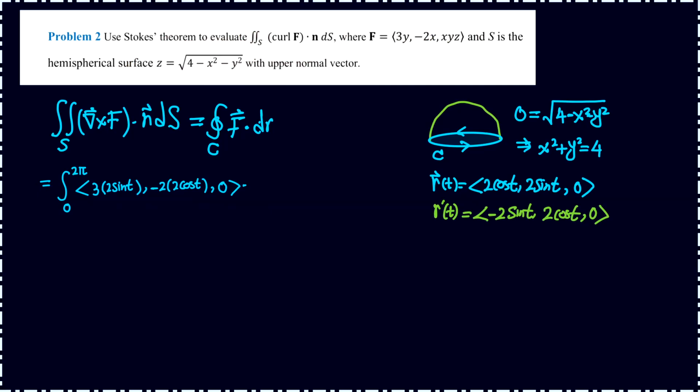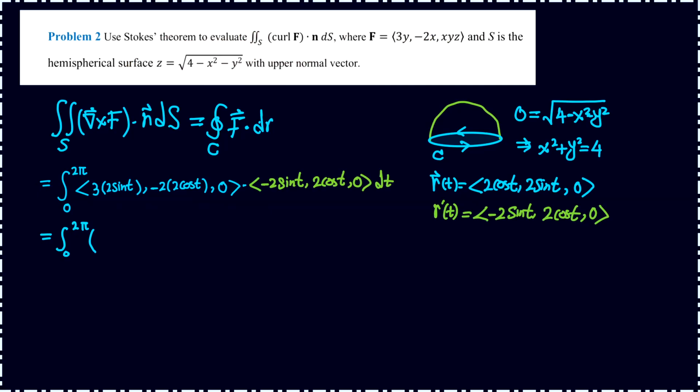Okay, so r prime here is negative 2 sine t, 2 cosine t, 0, dt. That's dr. Okay, so when you do the dot product, this becomes just a typical single integral.